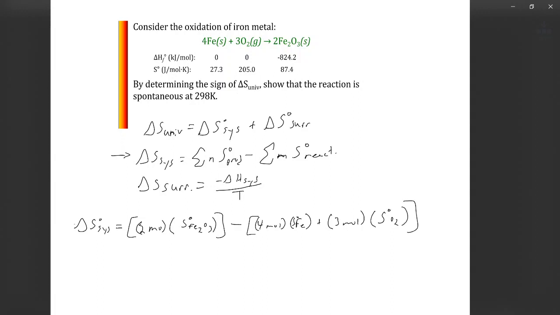That's our equation. Now we just need to fill in our entropy values, and they went ahead and gave those for us. That was nice.